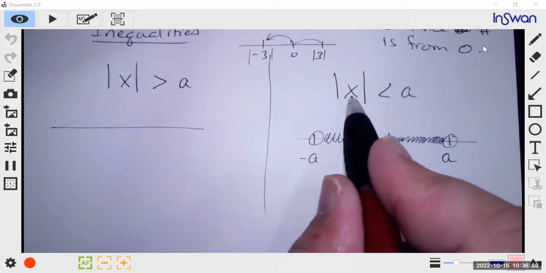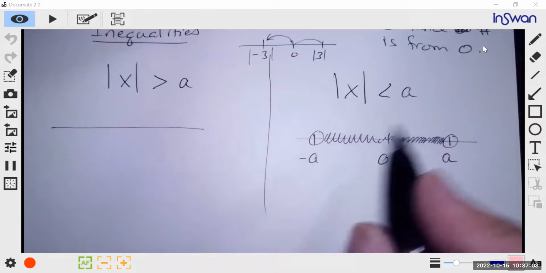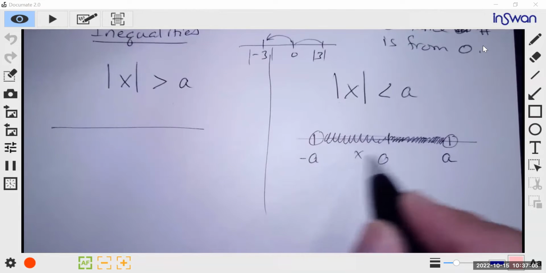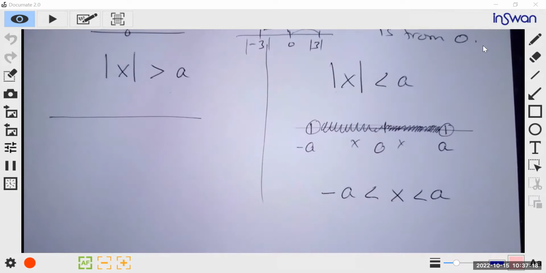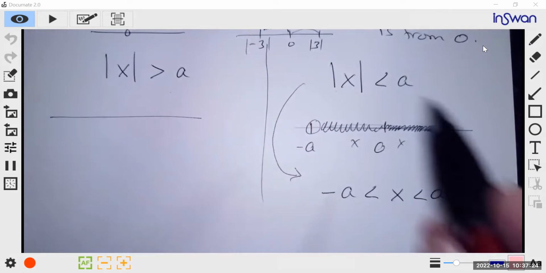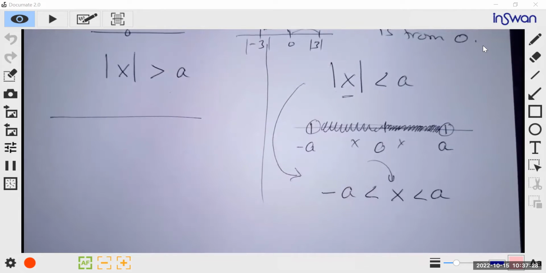So whenever you drop the absolute value sign of a less than symbol, x is between negative a and a. Whatever's inside goes between negative a and a.